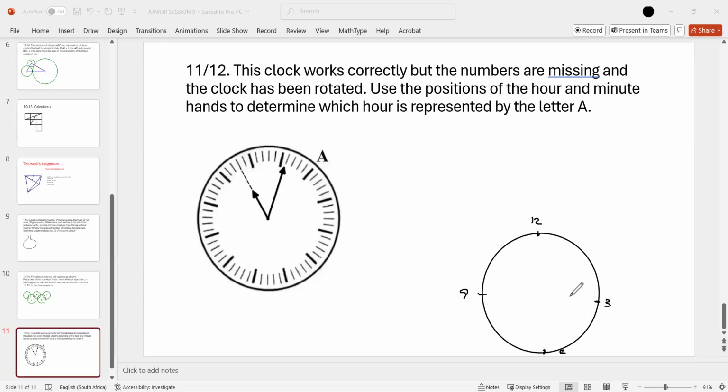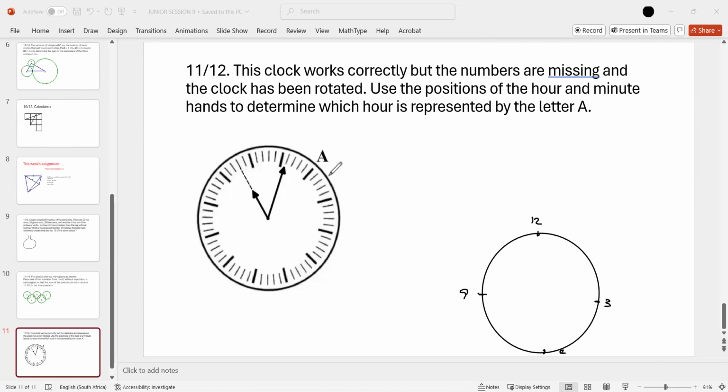Right. So that is a clock. Now, none of these numbers are missing yet. And more than that, the clock has been rotated. So you don't have the 12 sitting at the top. So that makes it rather complicated because you don't know where the numbers were originally and it's actually been rotated.